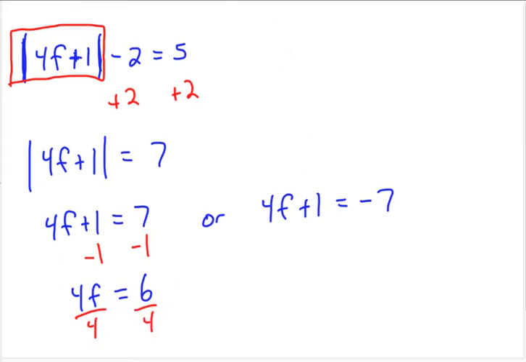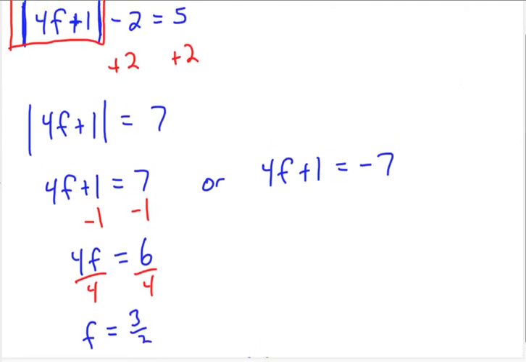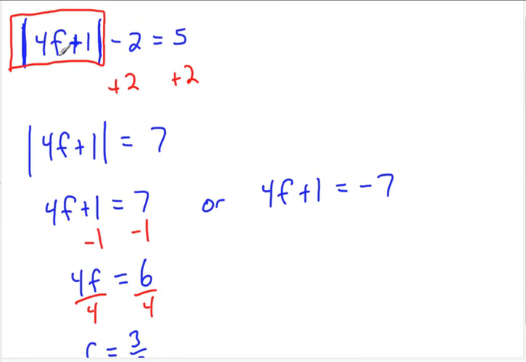And we end up with f equals 6 over 4, or 3 over 2, or 1.5. And if we plug it in, it'll work. So 3 over 2, let's try it out. 3 over 2 times 4 would be 6, plus 1 would be 7, minus 2 would be 5. So that works. But we have to also do this one over here.